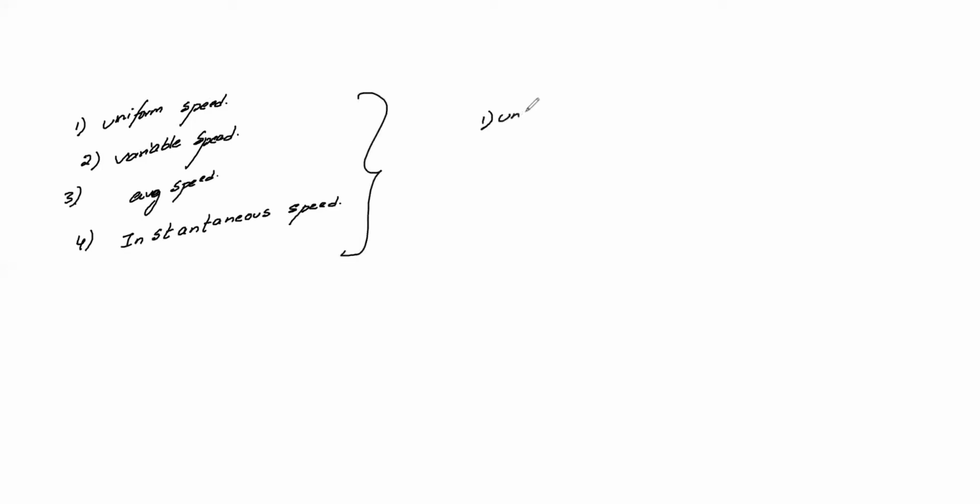First one, uniform speed. An object is said to be moving with uniform speed if it covers equal distances in equal intervals of time.